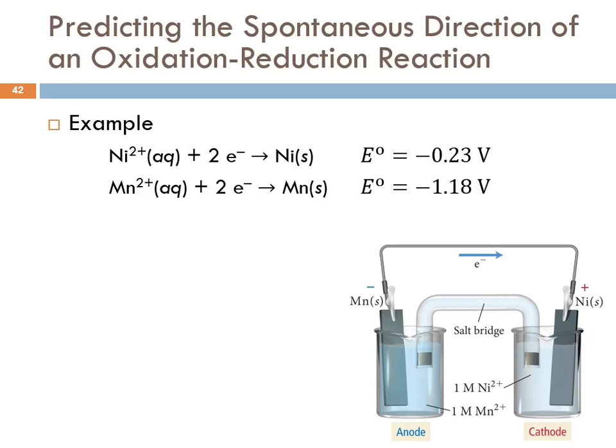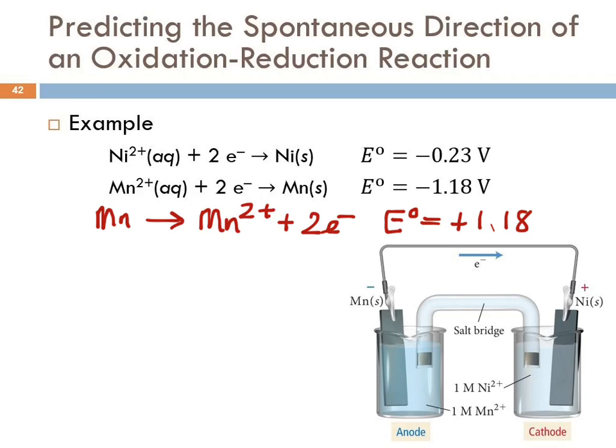So what's going to happen with the manganese? It's going to do the opposite, right? It's not a reduction, it's an oxidation. And then I would say that the E0 for that reverse is positive 1.18 volts.